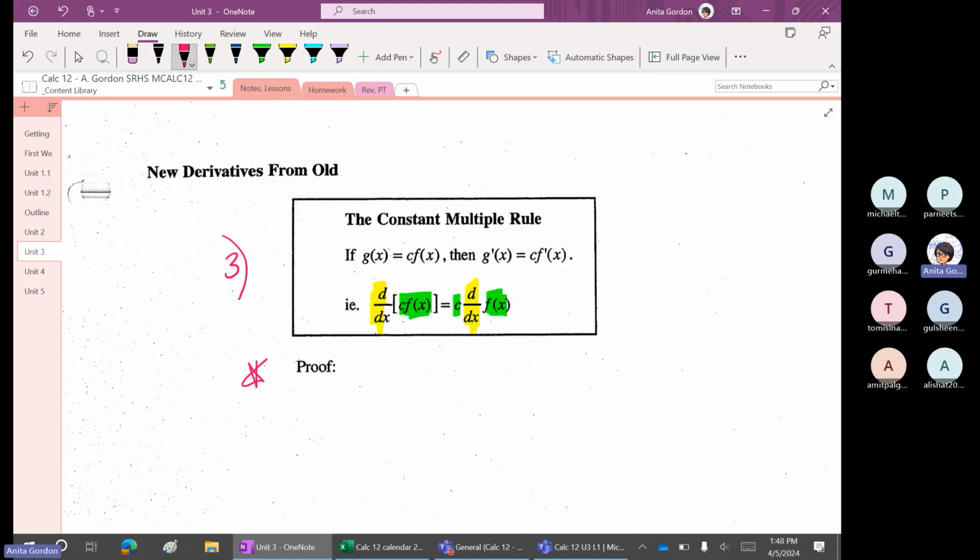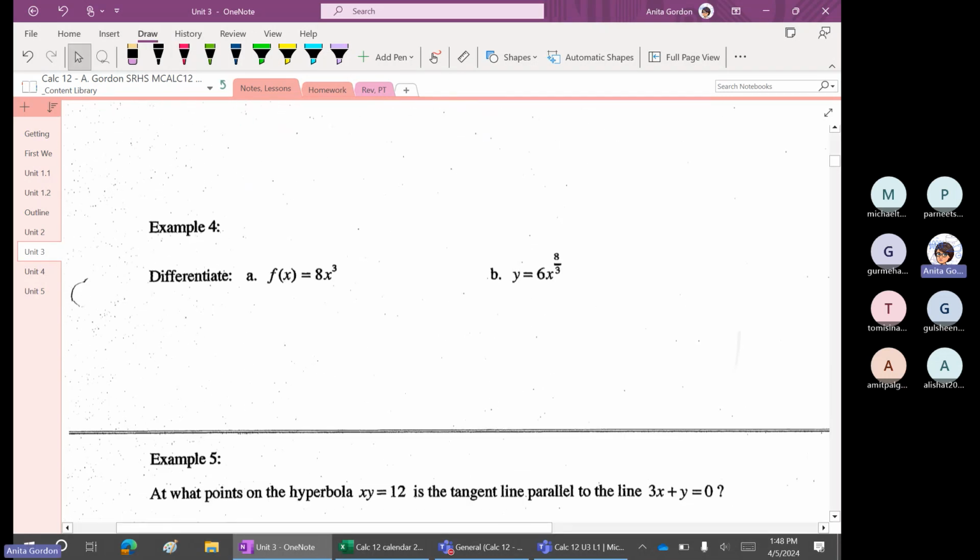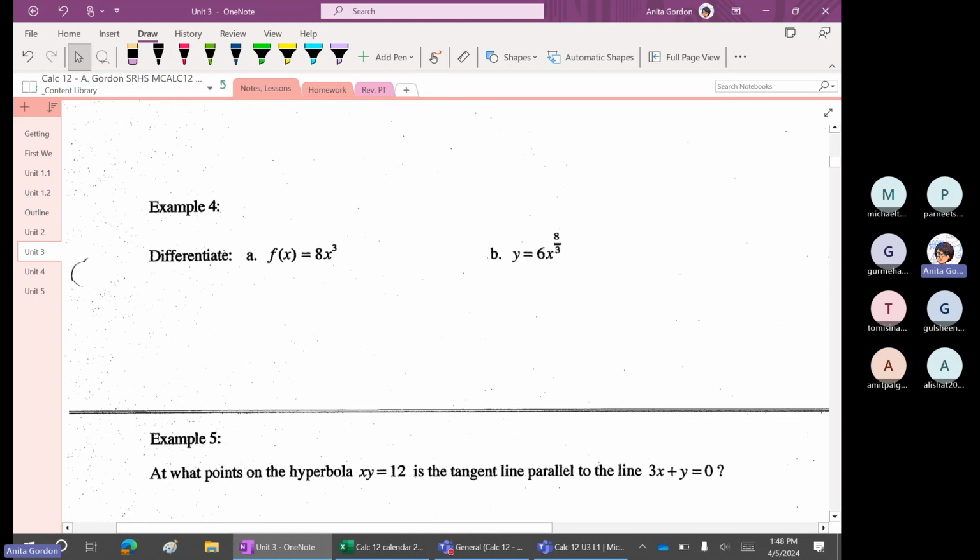Again, I'm going to attach a video for the proof just to keep things going because I feel like we're kind of getting the hang of it here. So here's again example 4. I have a function 8 times x cubed. Here's really the function, and here is a constant being multiplied. So this is 8 times f prime of x is what we could do.